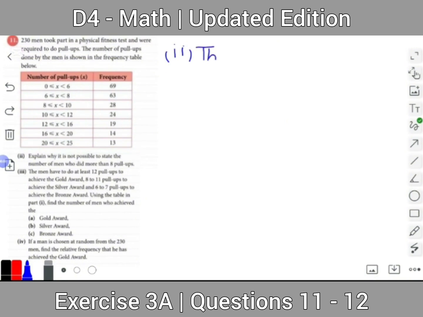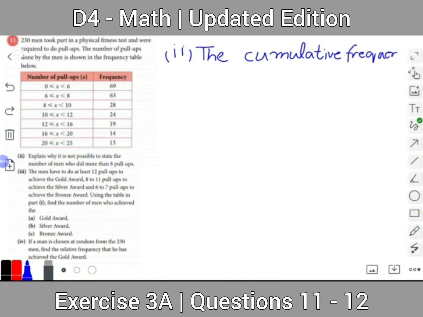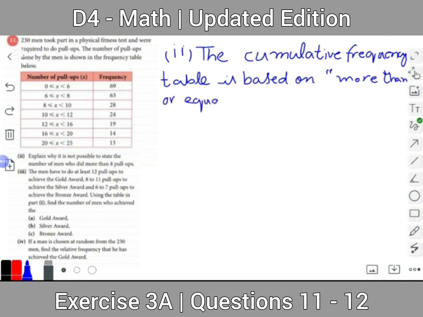The cumulative frequency table is based on more than or equal to frequency.